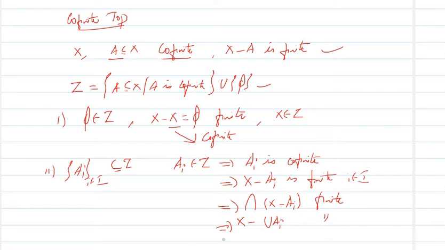X minus union Ai finite means this union Ai is cofinite. That means union Ai, i in I, belongs to tau. So tau is closed under arbitrary union. That is the second property.